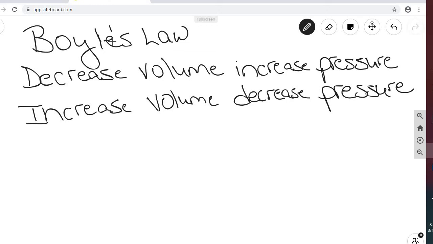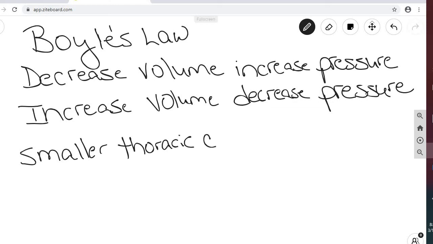So how does that relate to breathing? Well, when the thoracic cavity is smaller, that means there's less volume in the lungs.